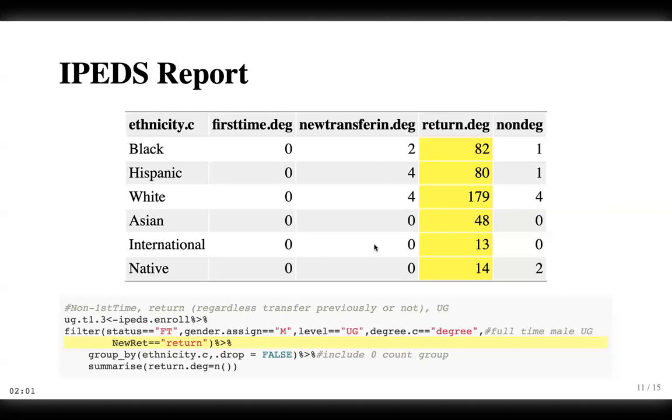Due to time limit, I cannot walk you through them, but I will share the code with you at the end of this presentation, providing you the link to the code. So that's my two examples.